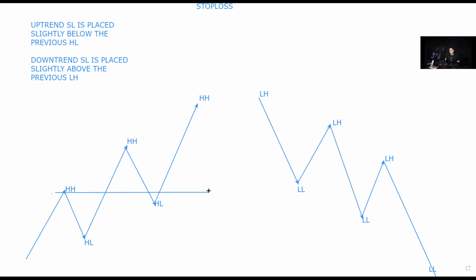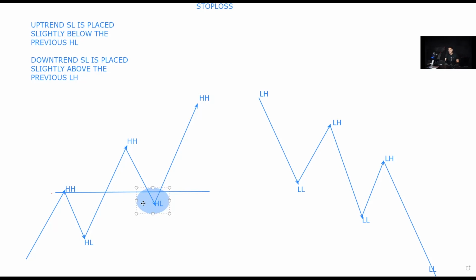Okay, so if we were to get in at the retest of the previous high, at this high or low right here, as our entry, our stop loss, according to our rules, goes slightly below the previous high or low.